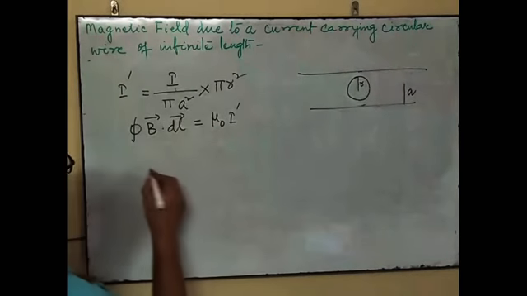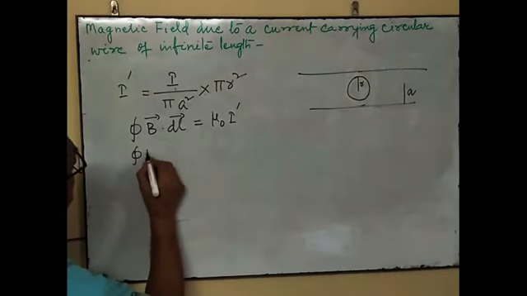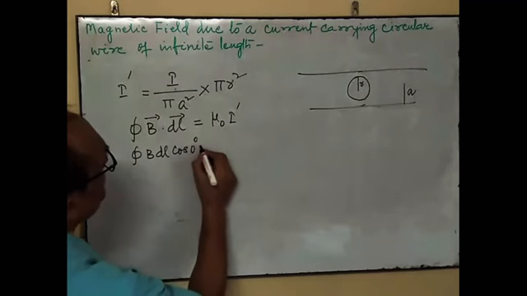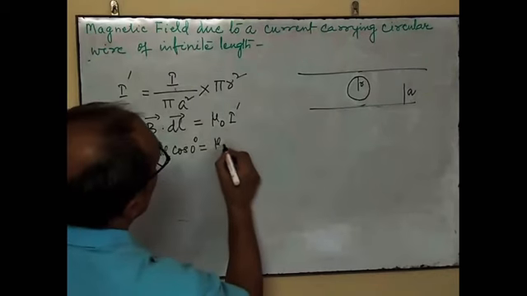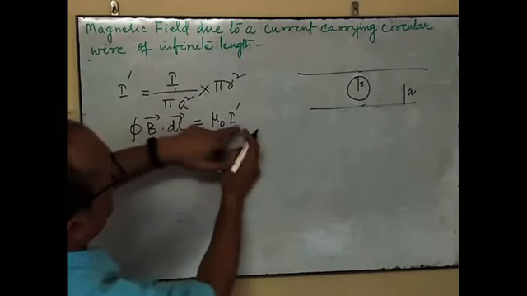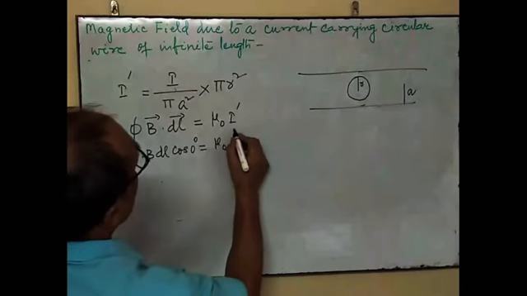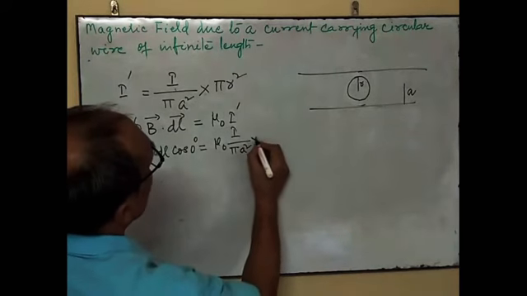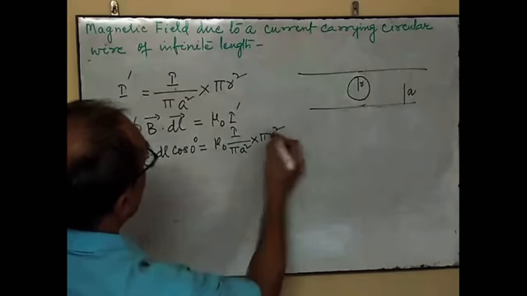So integration of B dl cos 0 degree equals mu naught times I dash, that is I by pi a square into pi r square.